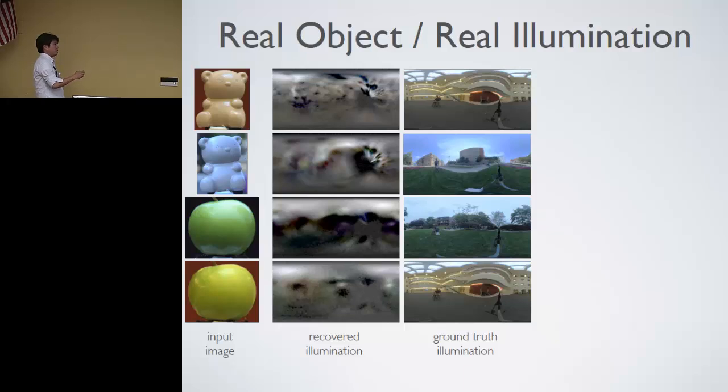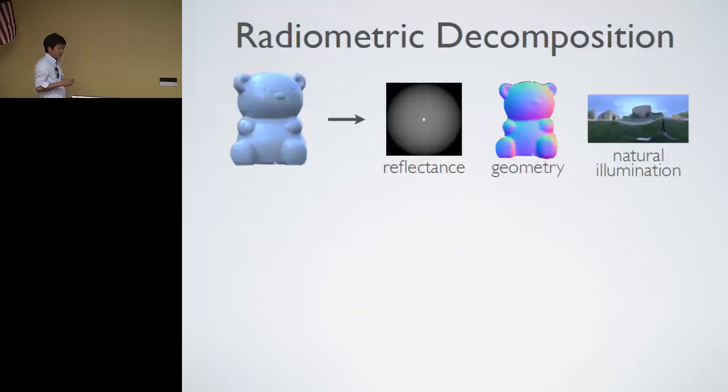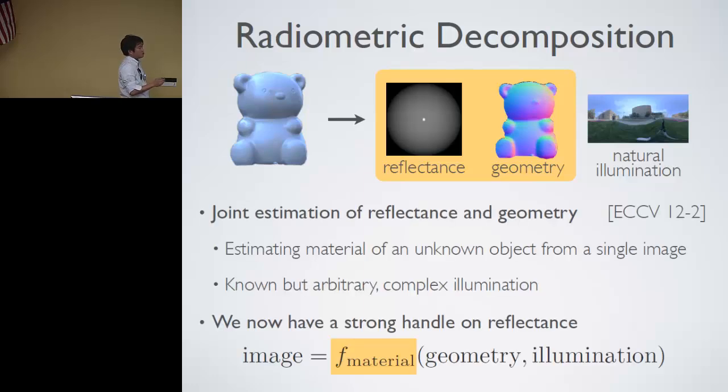Okay? And then the question is, I'm assuming geometry, and that's sometimes a no-no for some people in computer vision. But of course, we are working on the estimation of geometry, and here we've done some work on joint estimation of reflectance and geometry under known but complex natural illumination.